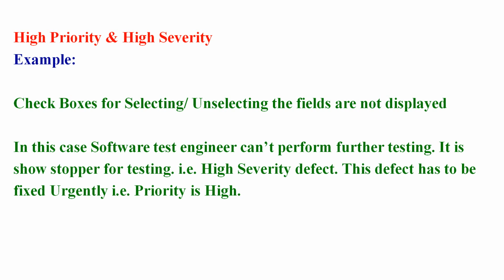If you select that particular checkbox, it will get selected. If once again you click on the same checkbox, it will get unselected. So as per the client requirement the checkboxes should be displayed, but the software test engineer has found that there are no checkboxes in the application.